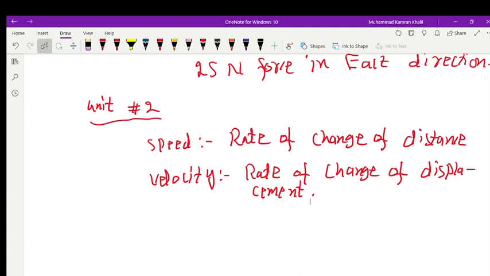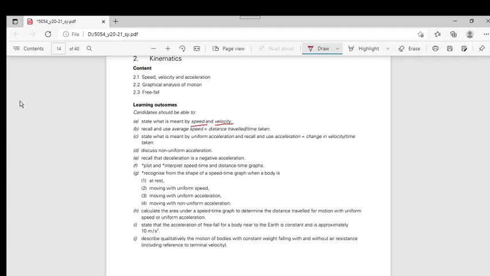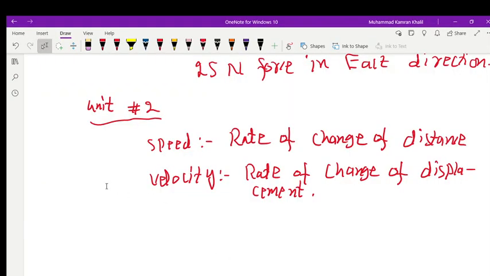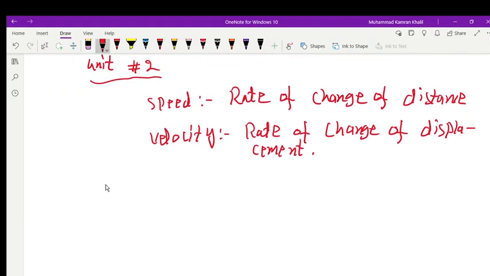Okay, then the next one. After that, what is meant by uniform acceleration? So now the definition related with uniform acceleration.